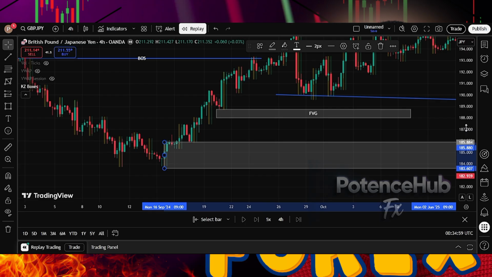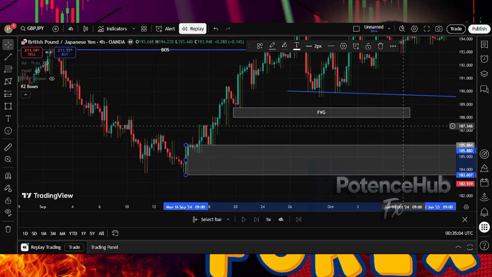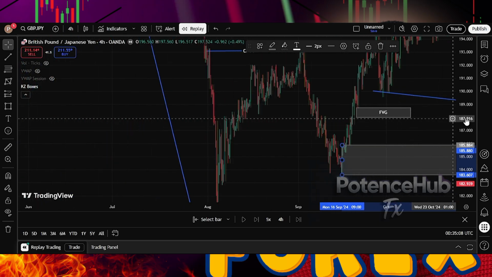So you could see that we are still on track. Our confirmations and our indicators and everything, the alignment is just superb.